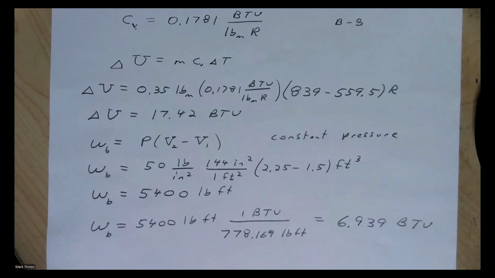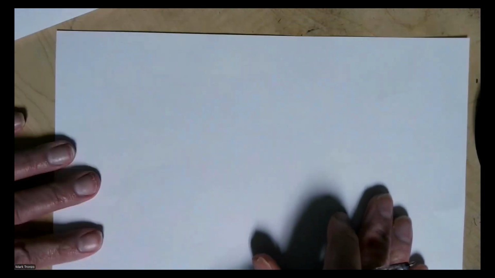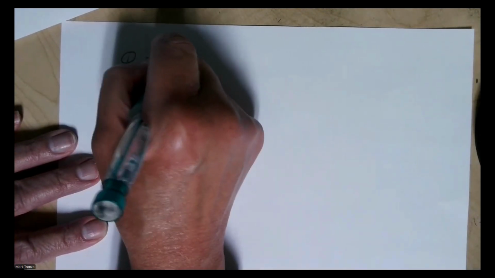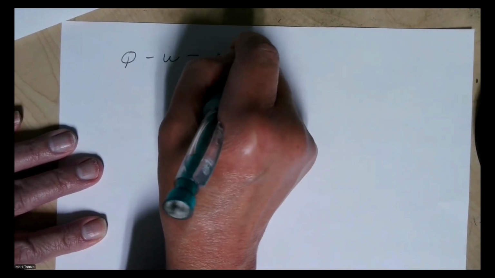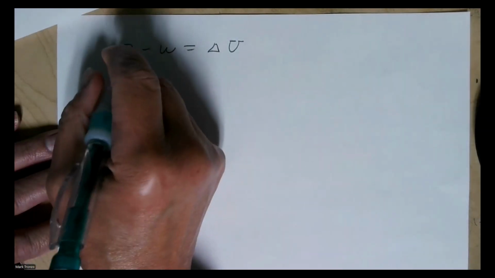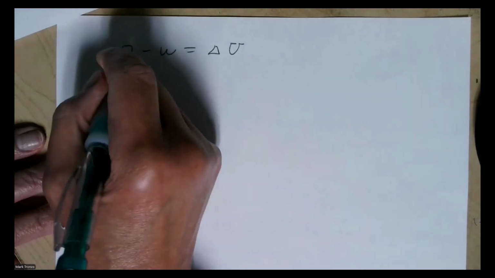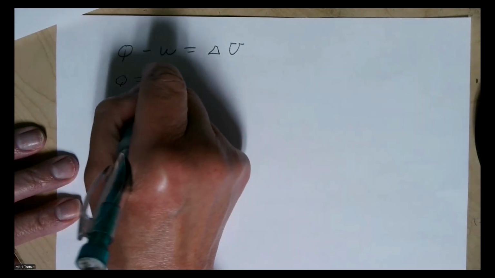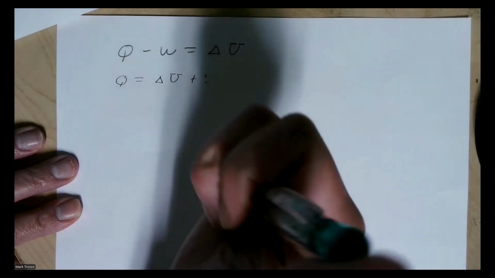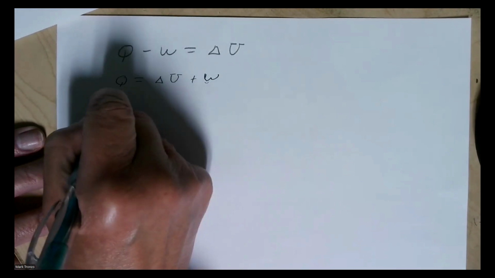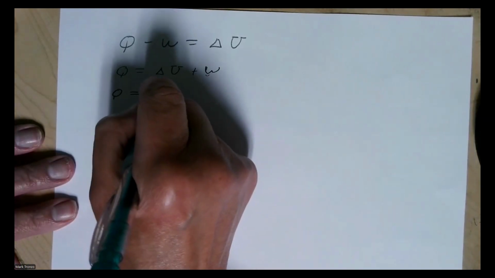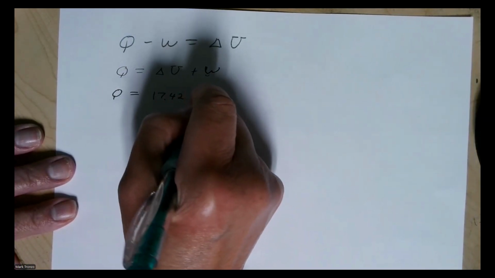Then finally, if we use our first law, Q minus W is delta U. And then so we have Q equals delta U plus W. And we just found that delta U is 17.42, and our work was 6.939.